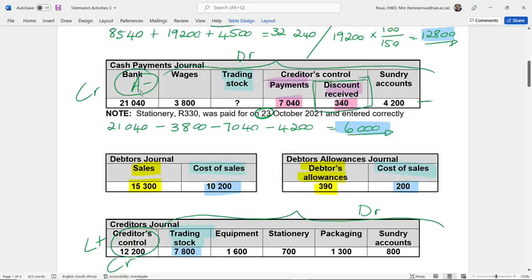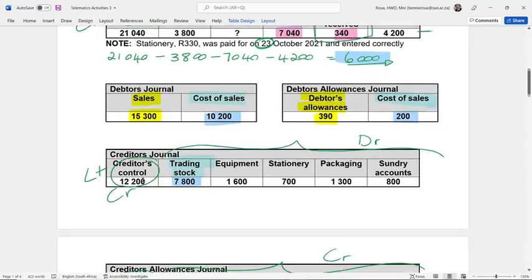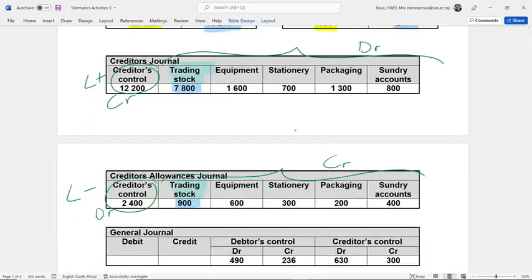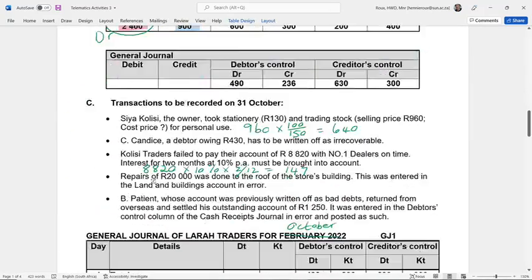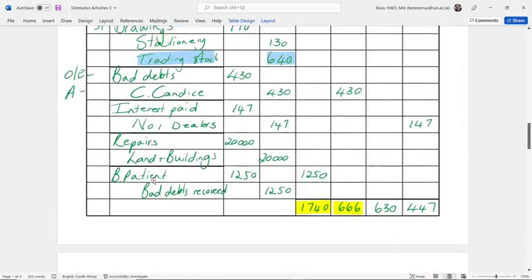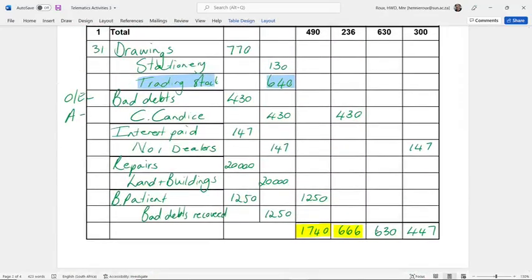DJ, DAJ, nothing regarding creditors. Creditors journal, we bought on credit, so we credit creditors control. Creditors allowance, we returned, therefore we debit creditors control. And in the general journal, it was these two totals, journal debits, journal credits.